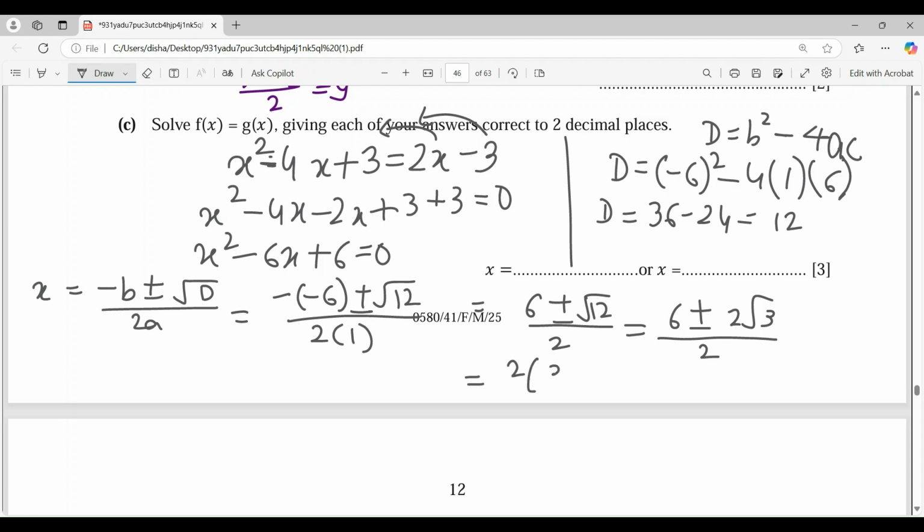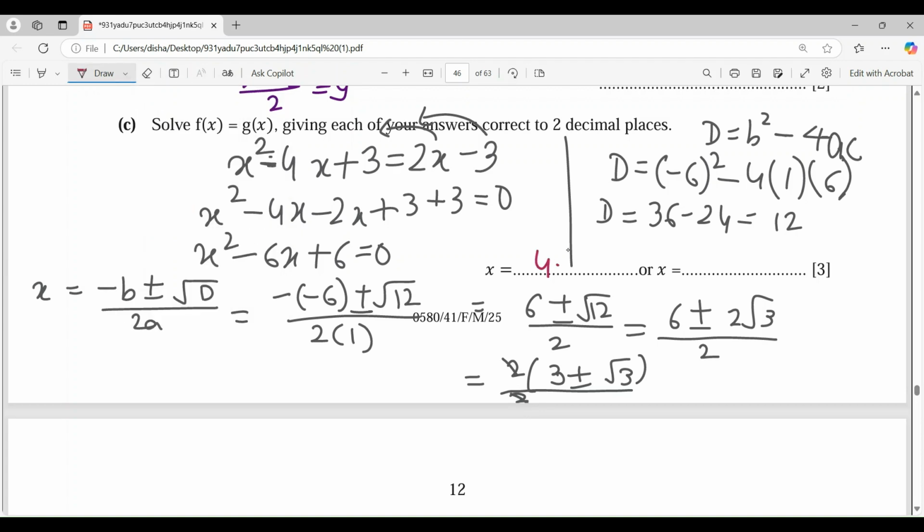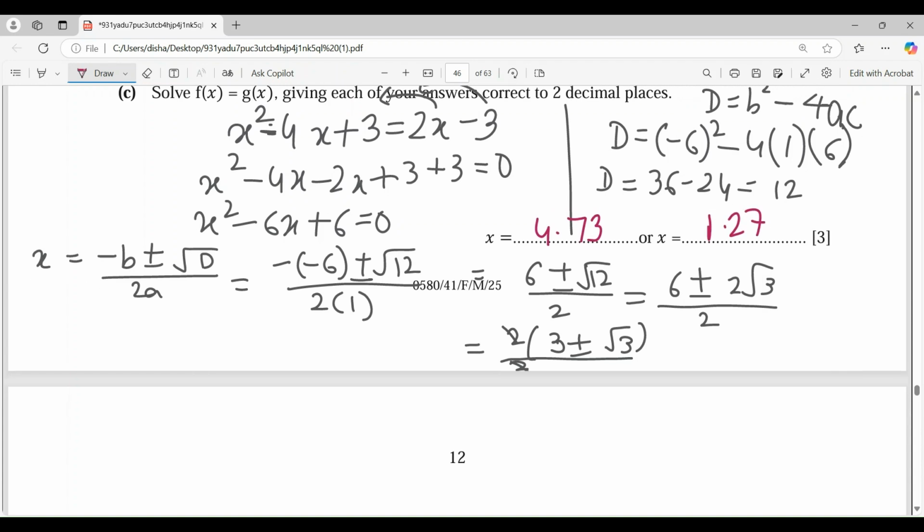You can directly calculate using your calculator also, doesn't matter. So 2 gone. Now substitute the value of root 3, that is 1.73, or use your calculator to find 3 plus root 3 and 3 minus root 3. So when I add 3 plus root 3, answer comes out to be 4.73 till 2 decimal places, and if I subtract 3 minus root 3, it will be 1.27 till 2 decimal places.